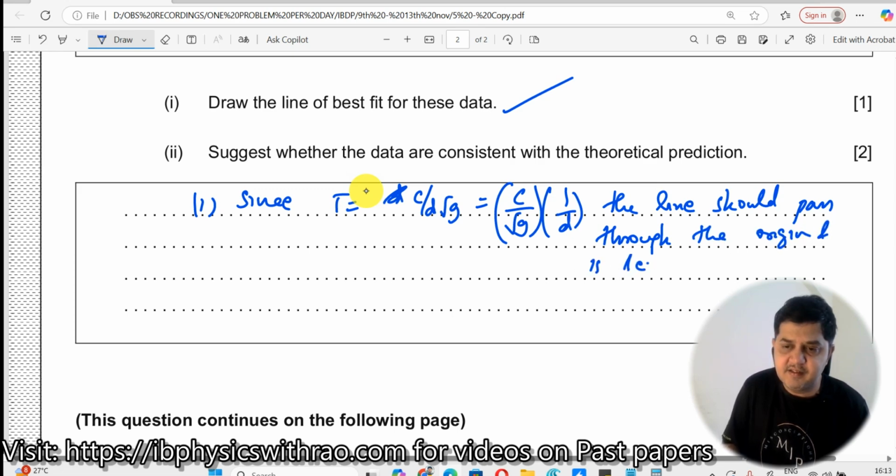That is seen in the graph. That's the first thing that you have.